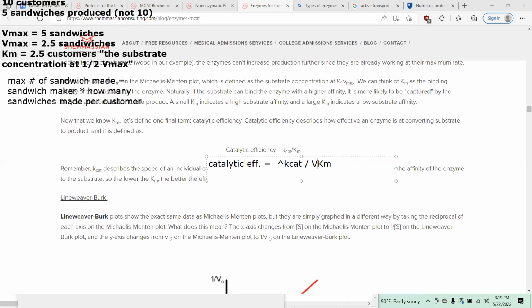The customer comes in. It's a low level of competitiveness between the customer and the sandwich maker, so they have a high affinity.